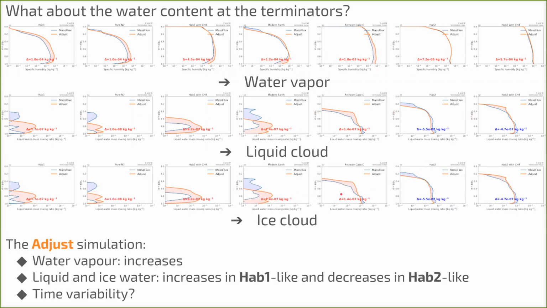So overall, the adjust simulation results in more water vapor at the terminators. But when it comes to the cloud water, both liquid and ice, it increases in HAB1-like and decreases in HAB2-like. But this has to be taken with a pinch of salt because these changes are, at least for some simulations, likely to be within the time variability and uncertainty.